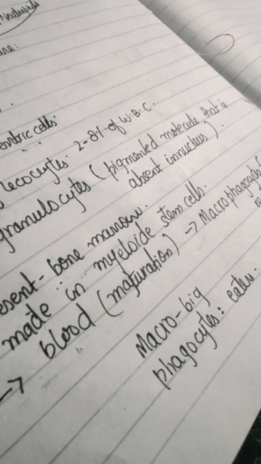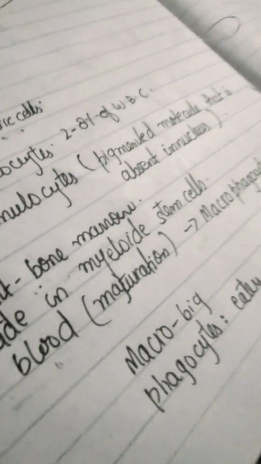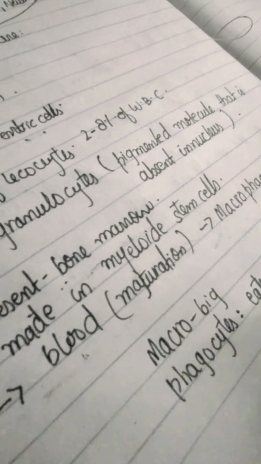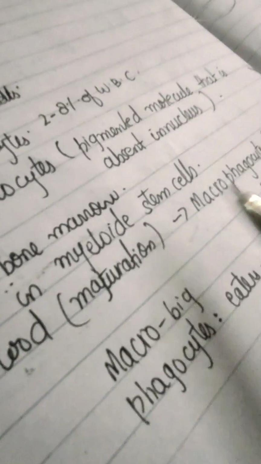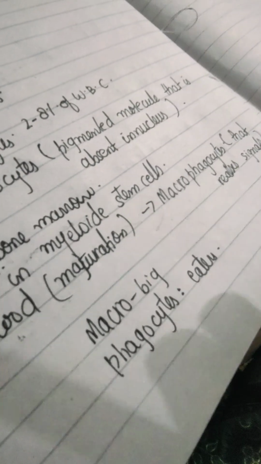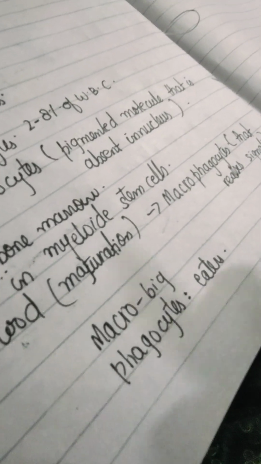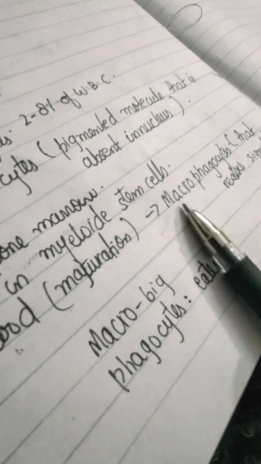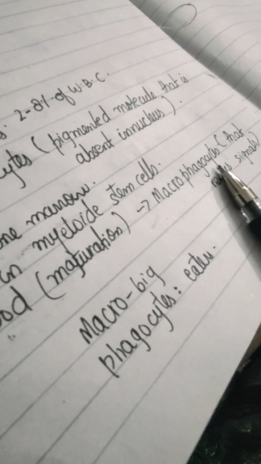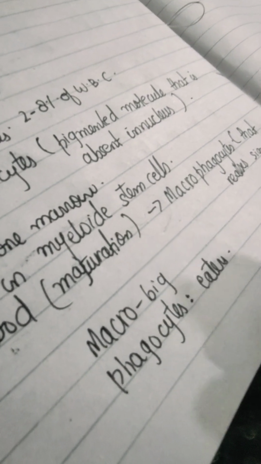After that, they can move to every location, any tissue or any organ. It is the characteristic of macrophagocytes that after maturation they can go into any location they want.